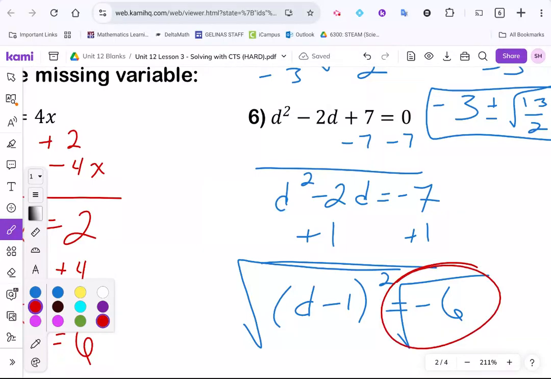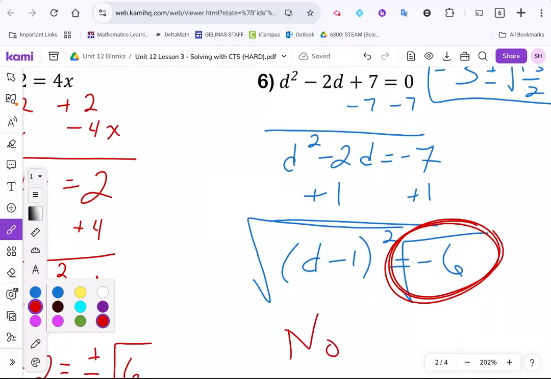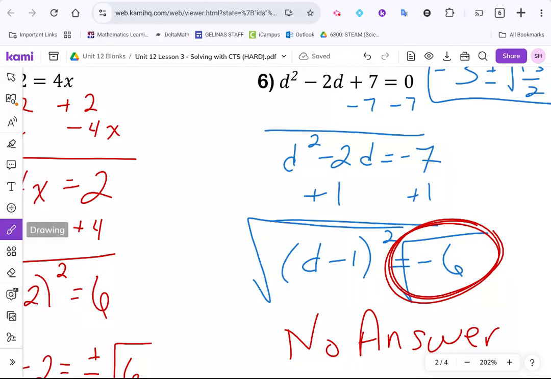When we do this, we just tried to take the square root of a negative number. This one would have no answer. And you could check this, even though it's not in the terms of a function, you could check this the same way we checked before. You could type this d squared minus 2d plus 7 into your y equals menu of your calculator, and you would see that this does not hit the x-axis.